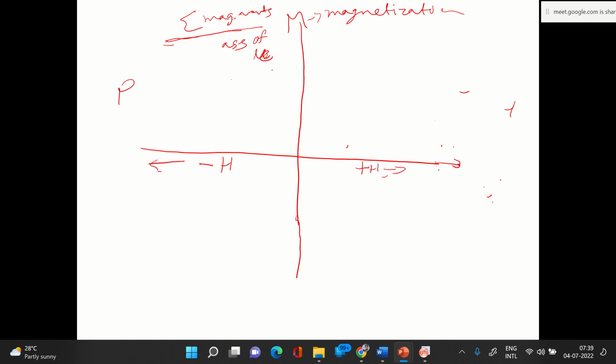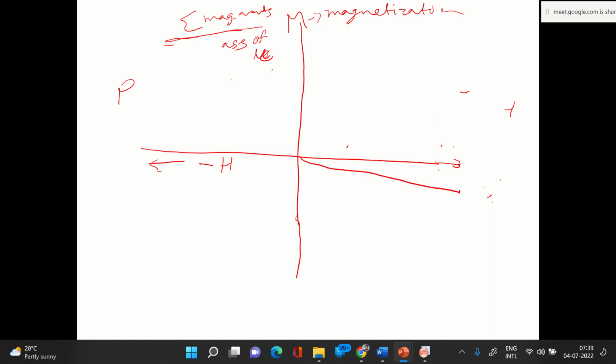So in a diamagnetic substance, like liquid nitrogen, when put in a magnetic field, you apply the magnetic field in the positive direction, and it will show a very small magnetization, a linear change.